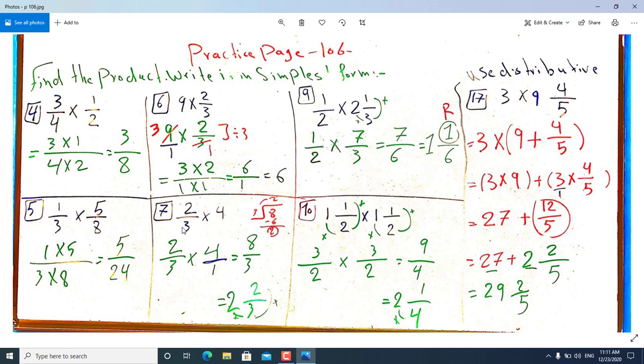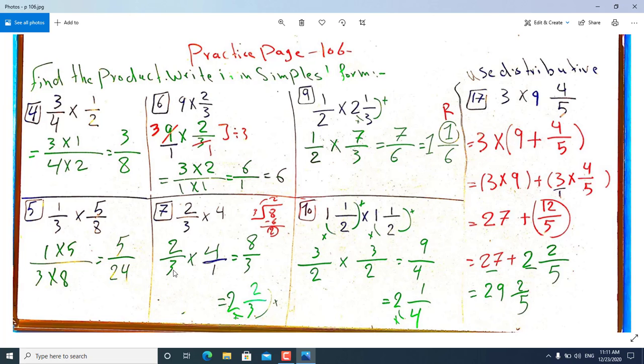From 7 we have 2 over 3 times 4. So under 4 we don't have any number, that means we can put 1. After that we look at them. Can we simplify? No, because we don't have any common factor between them, else 1. So we don't divide by 1 because it will be the same number. That means we can't divide 3 and 4 by the same number.